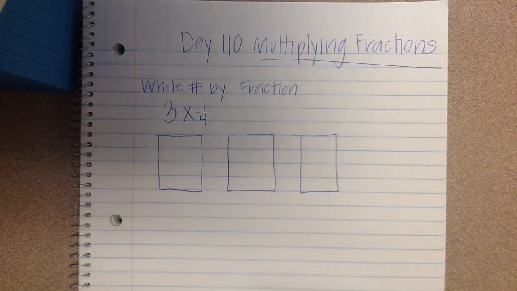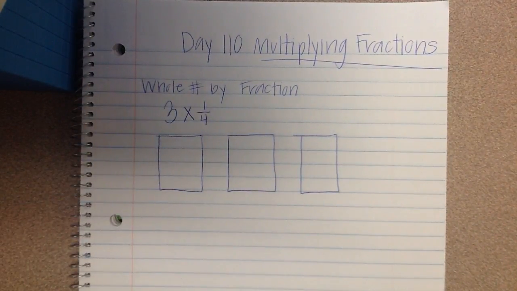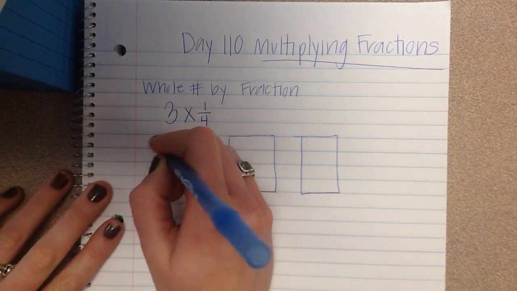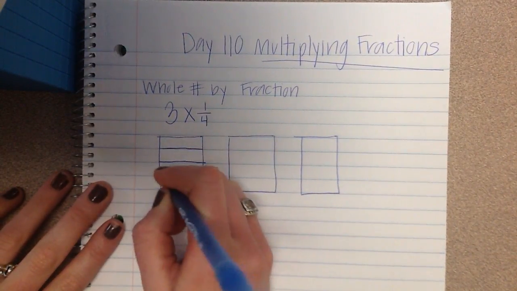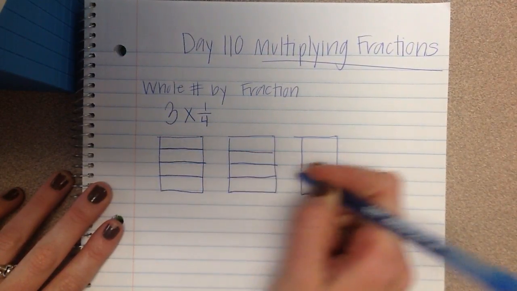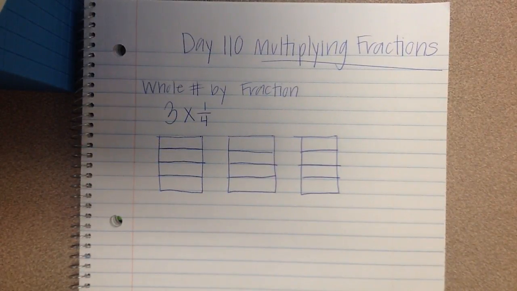Okay, so I have drawn 3 boxes because that is my whole 3, and I need to break them into fourths. Okay, and I want only 1/4 of each.